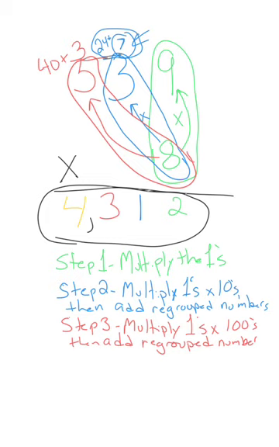Step 3 is to multiply the ones place times the hundreds place, then add the regrouped number. In this case, it was 8 times 5, and 40 plus 3 that's up here, to give you 43 down here. Then finally, you have your product, which is 4,312.